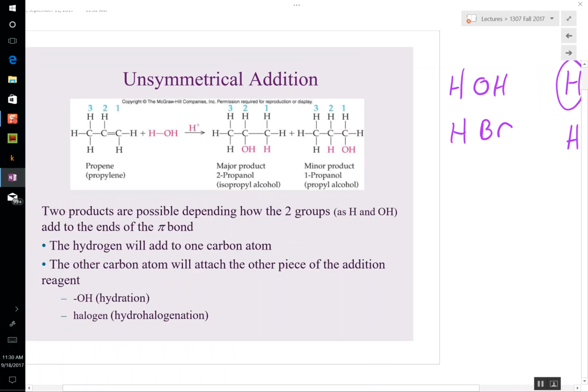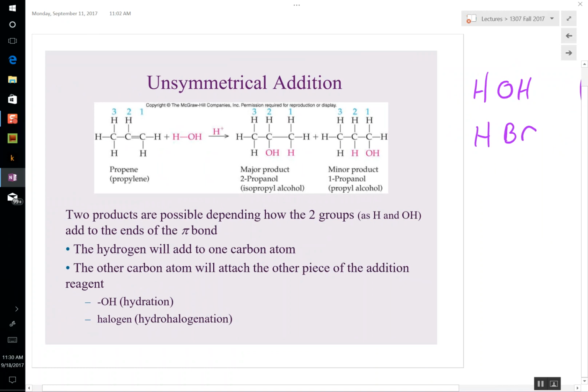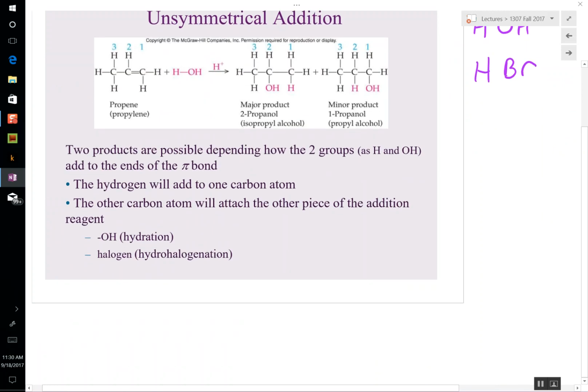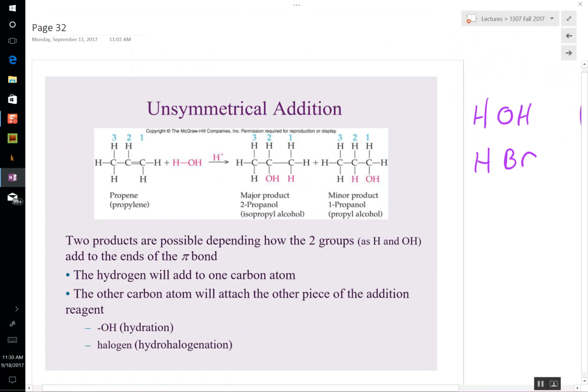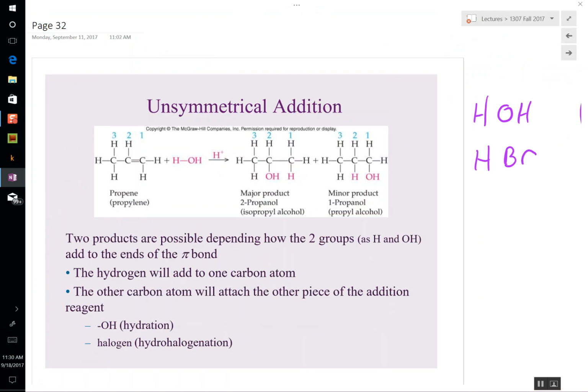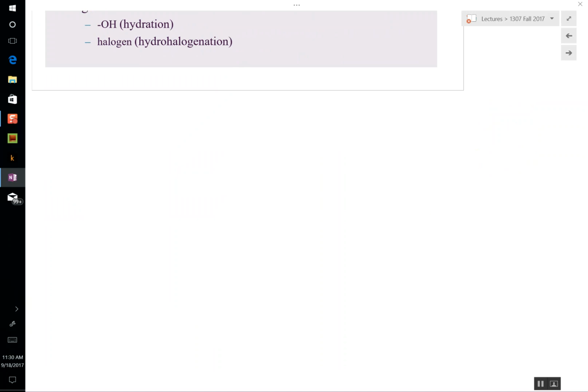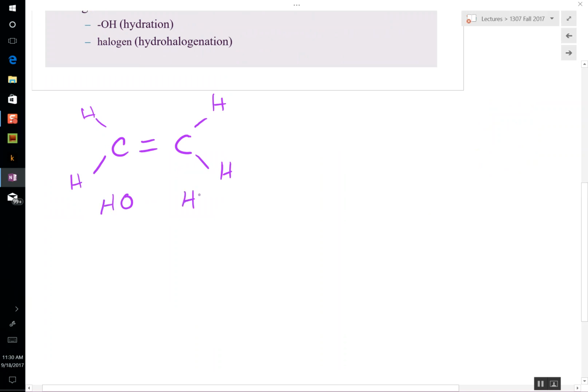All right, let's take a peek at this. When we looked at the reaction of ethene, it was of no consequence. If you add water to ethene, the OH is going to go on one of the carbons, the hydrogen is going to go on the other carbon, and you're going to get that molecule.